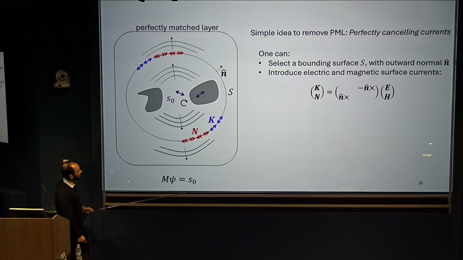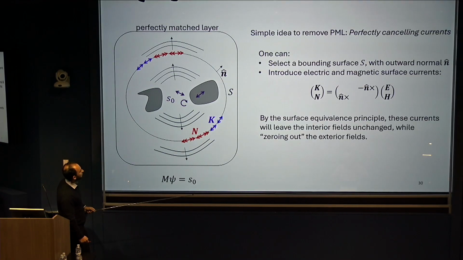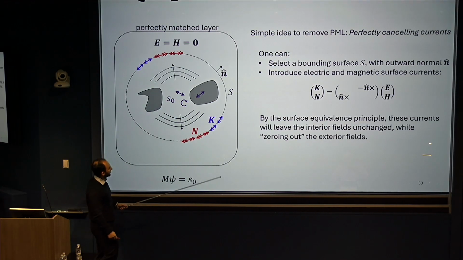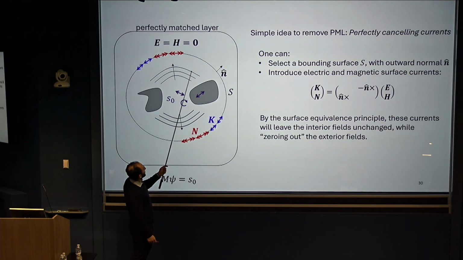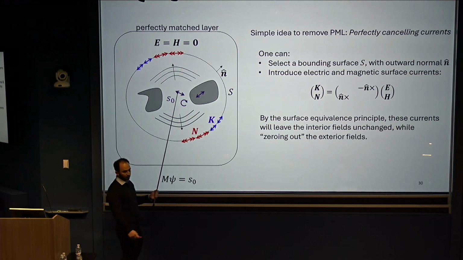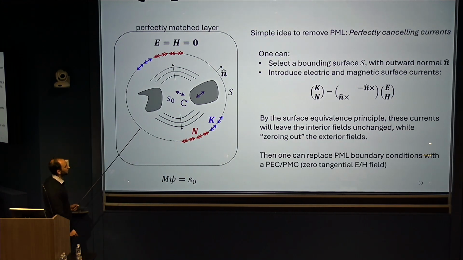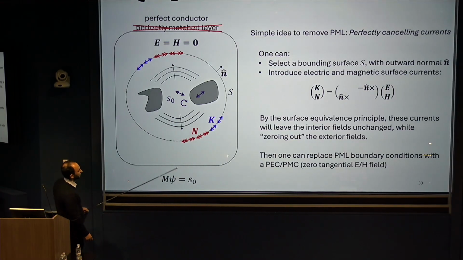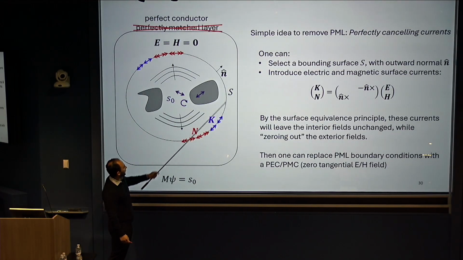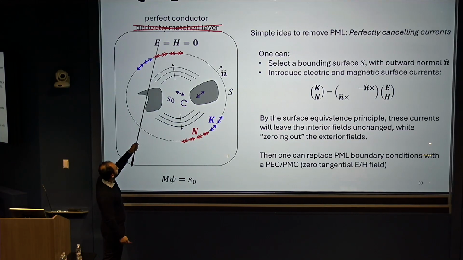So I put electric and magnetic currents down. That nulls out the exterior fields. Those go to 0 everywhere there. And what's nice about this is that then the perfectly matched layer is redundant. You don't need it. You could, in fact, replace it with a perfect electric conductor, a perfect magnetic conductor. And so now the currents are doing the work of perfect absorption of the outgoing waves.